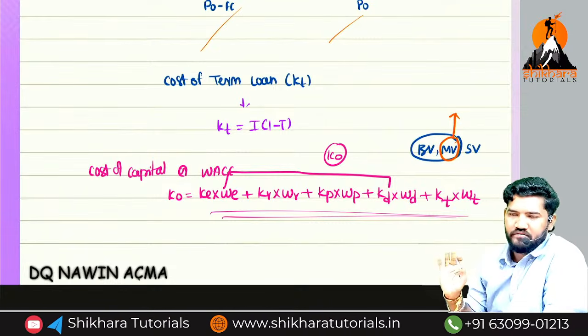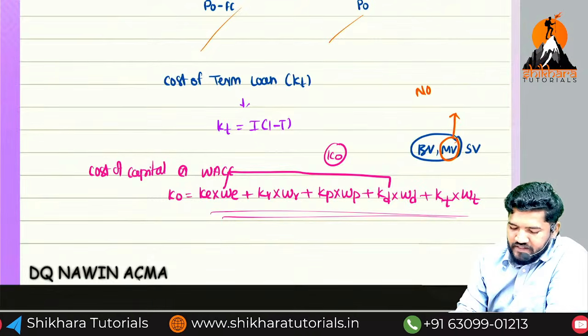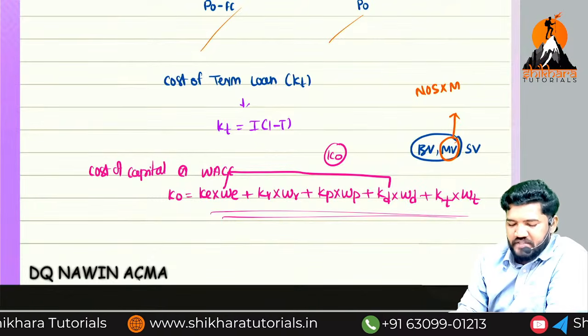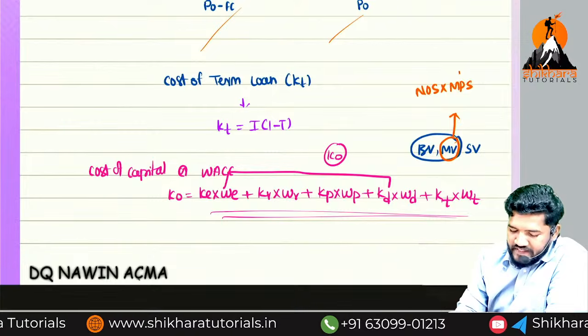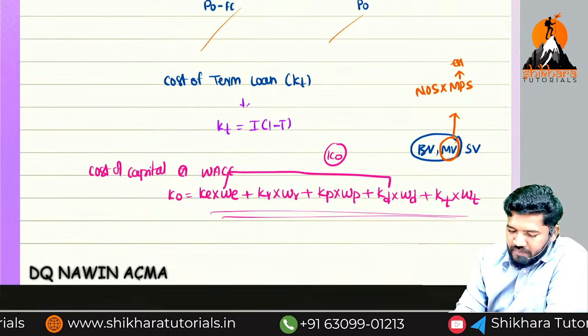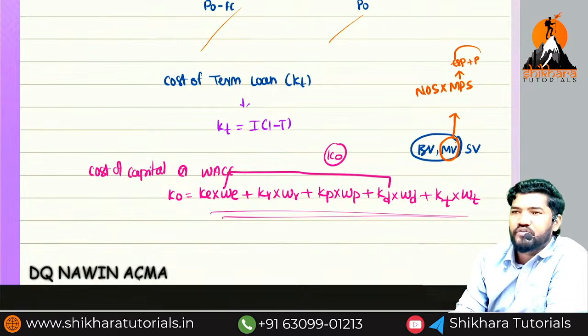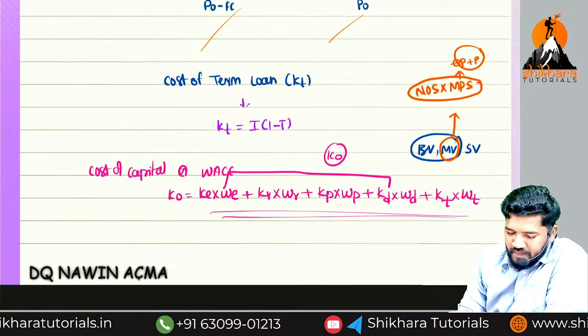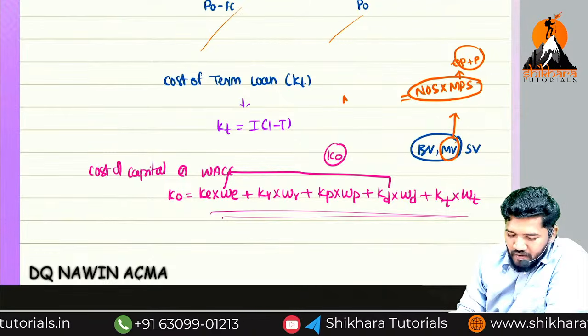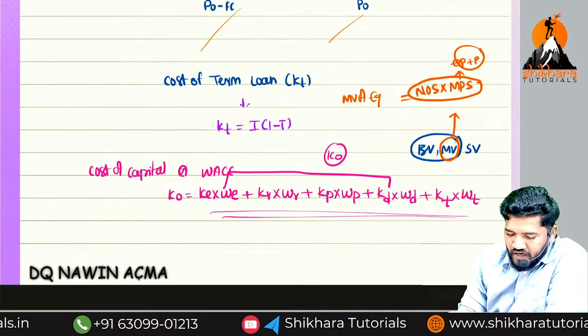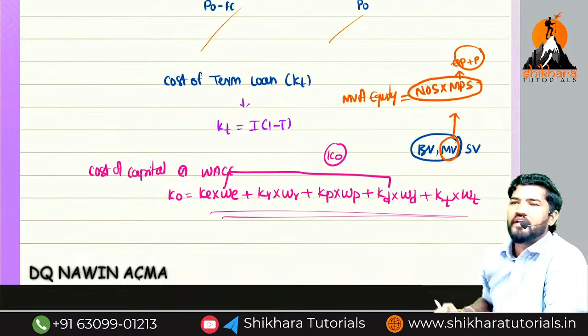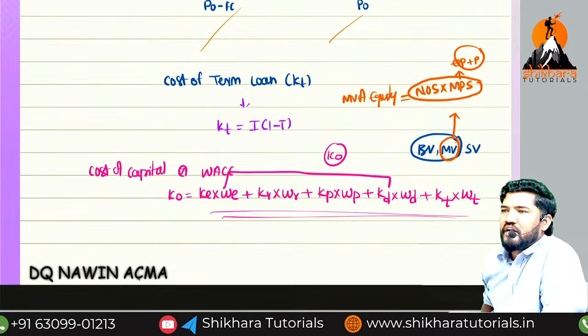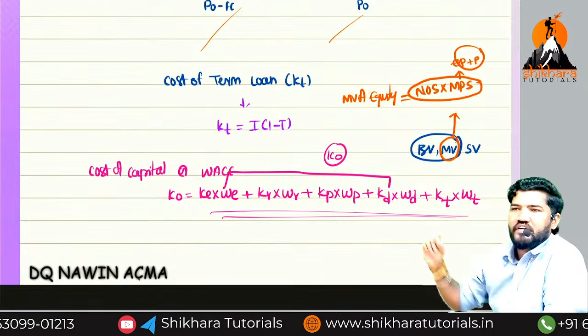Generally, people say number of equity shares into MPS. Now in this MPS, the equity share price is there plus profits are also there. That's why if you multiply the number of shares and MPS, the answer is called market value of equity, not market value of equity share capital. Clear? That point you need to learn.